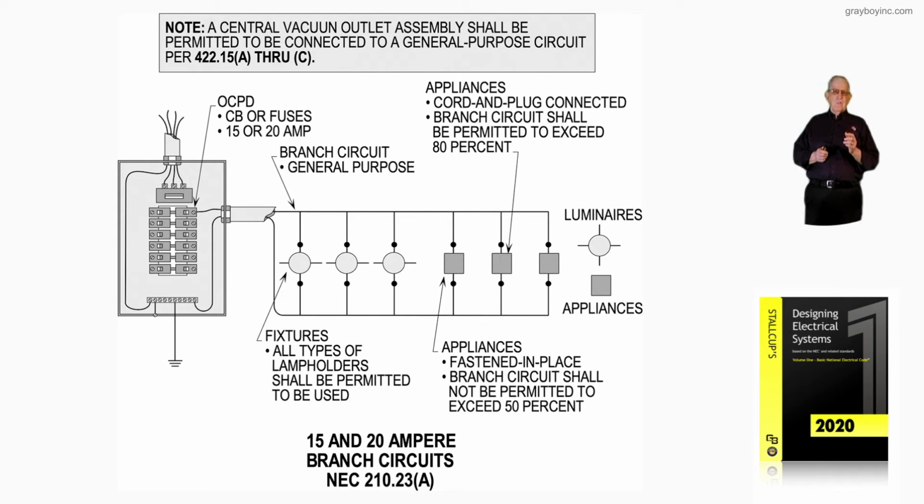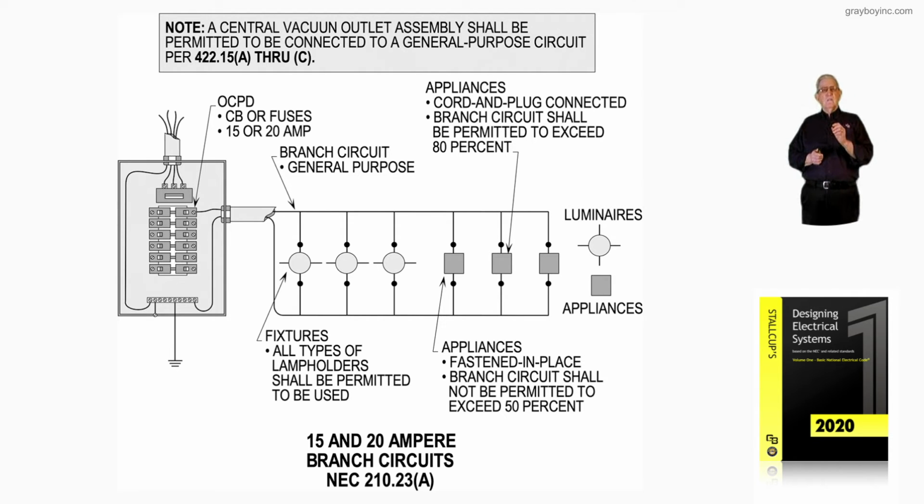So appliances, you do have to have a 50% factor applied. So keep this in mind when you're applying other loads on the general purpose circuit that we figured at 3 VA per square foot. Remember how to determine the number of the general purpose small appliance circuits.